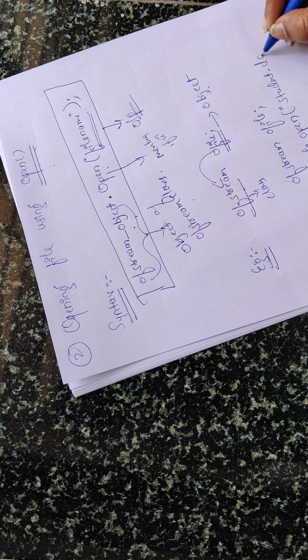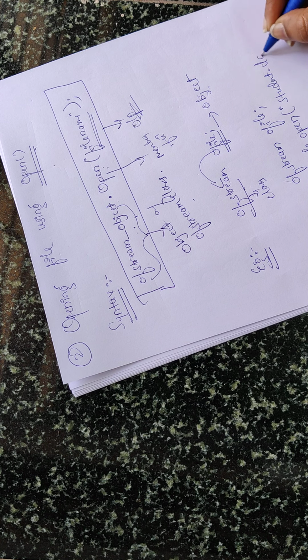Now the question comes: when you want to perform both input and output operations, then what can we do? So here, when you want to open a file for both input and output operations, what we can do is create the object of the fstream class.